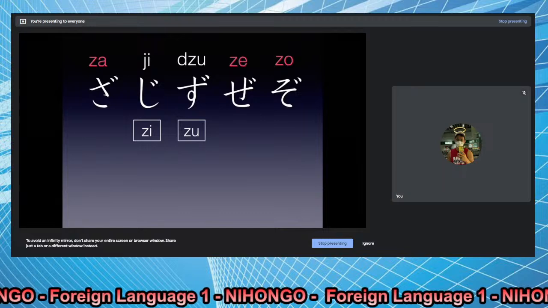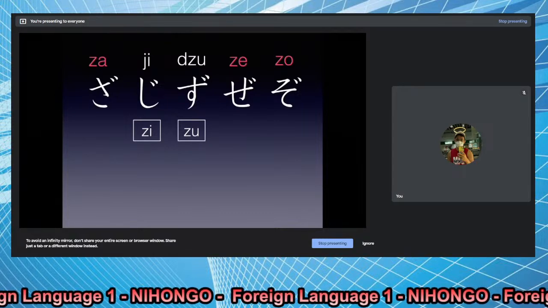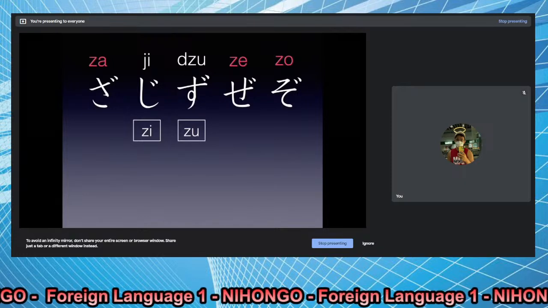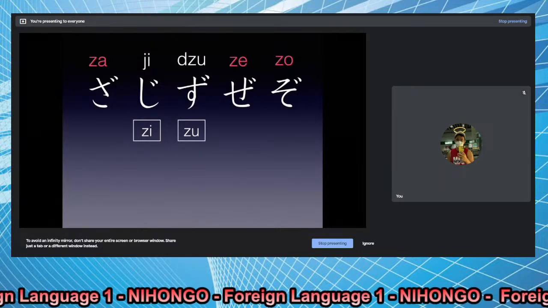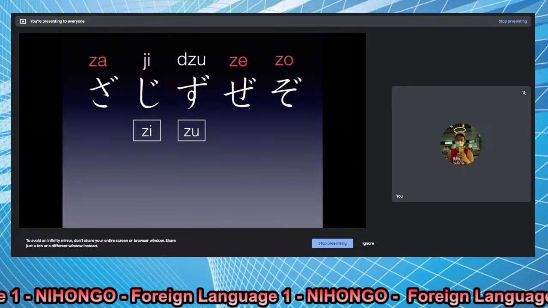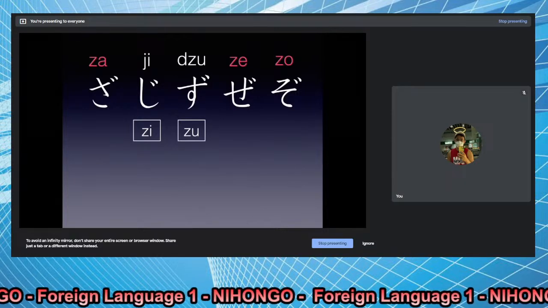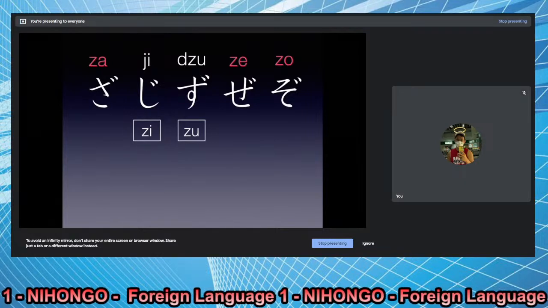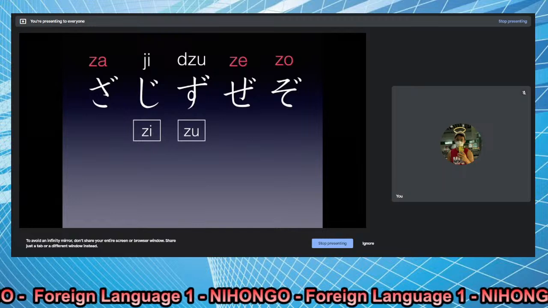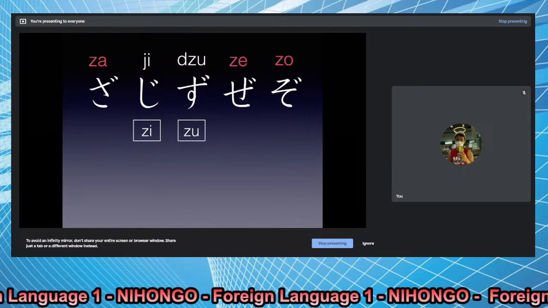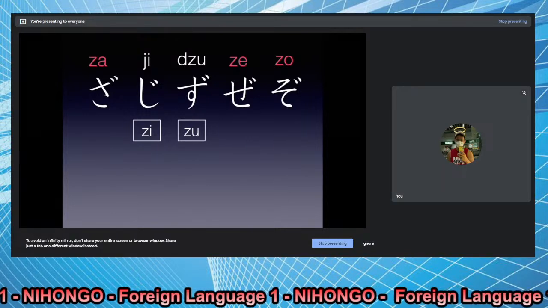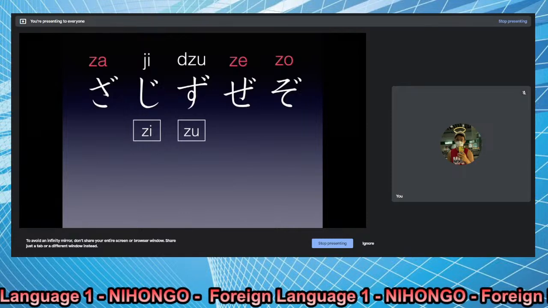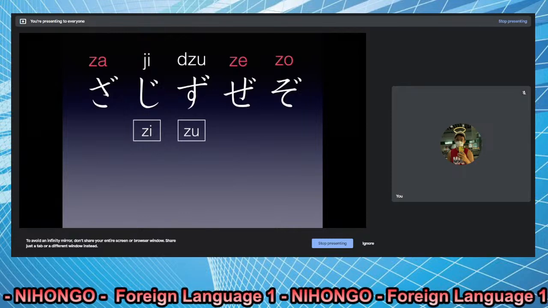Instead of Z, we have G. Z and G. Z and then Z. Do you hear the difference? I'm a native speaker of Japanese.